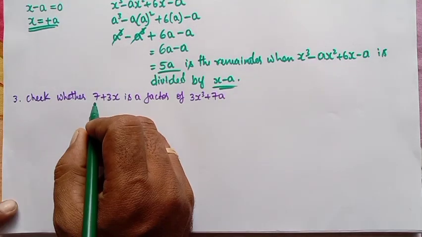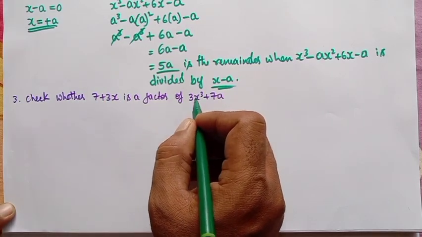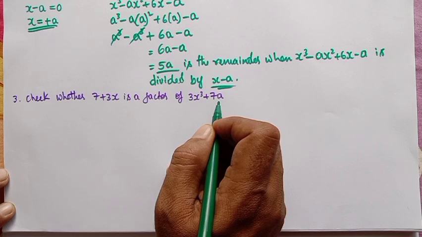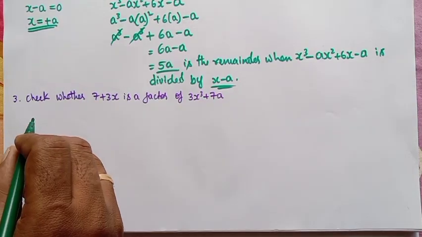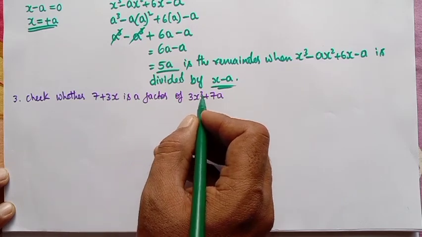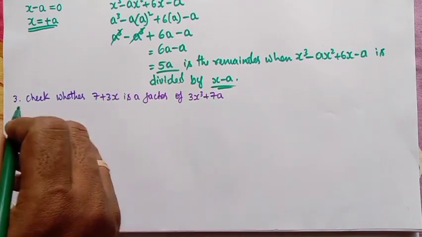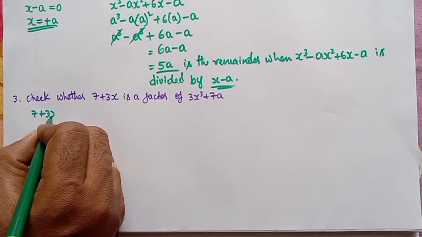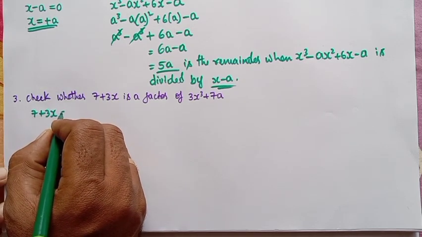Check whether 7 plus 3x is a factor of 3x cube plus 7a. To check whether 7 plus 3x is a factor of the given polynomial, we should firstly equate this given binomial to 0.